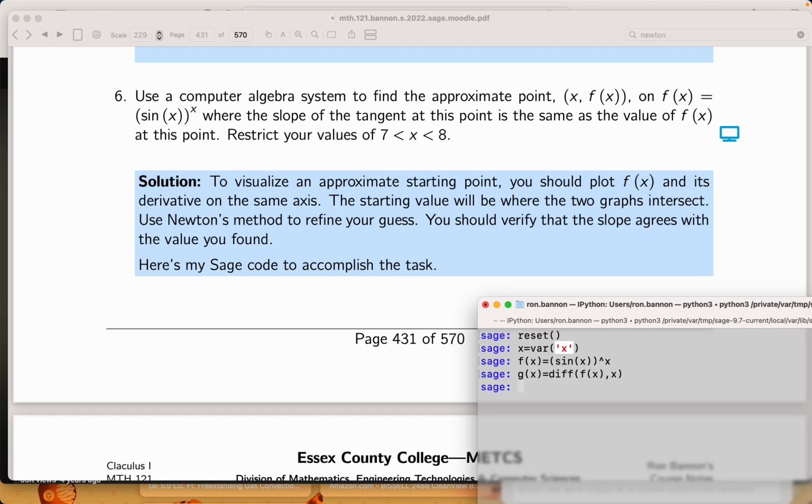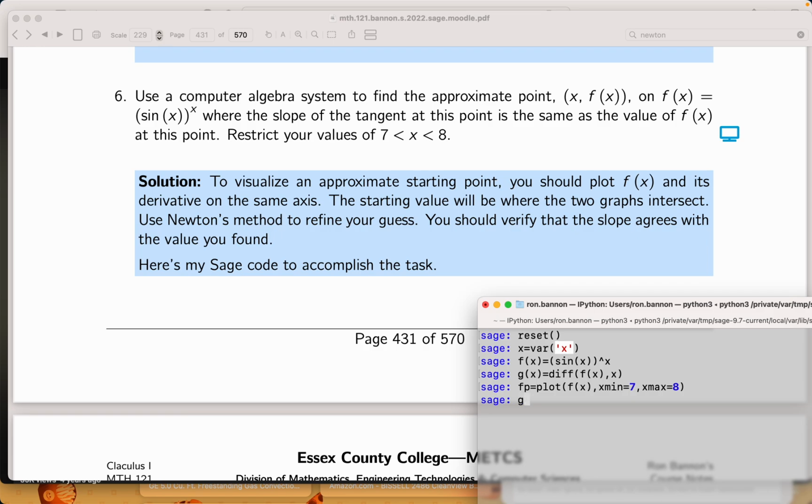All right, what I'm going to do next is create graph primitives of both sine x to the x and its derivative on the interval between 7 and 8. I'm going to call it fp for f plot, and that's going to be assigned to the plot, a graphic primitive by the way, of f of x, with x min 7 and x max 8.